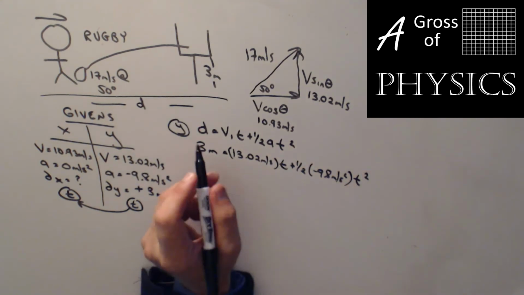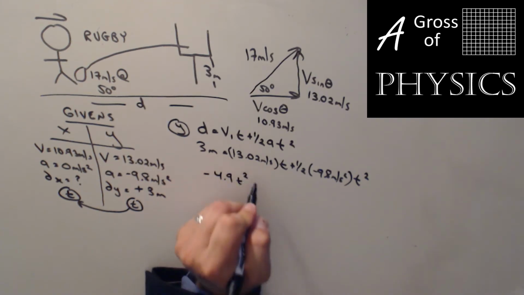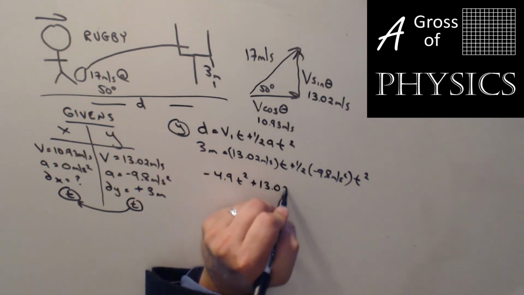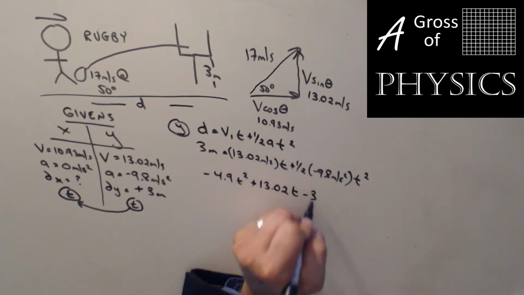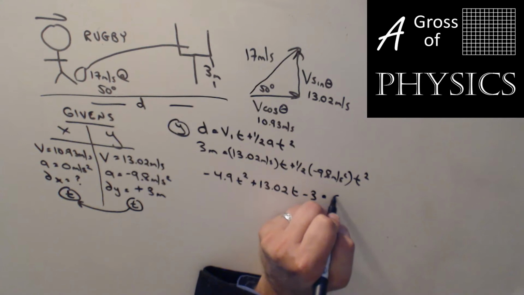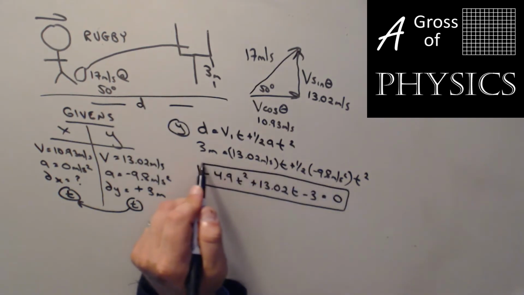And what we're going to do is simplify this. So it's going to be minus 4.9 t squared plus 13.02 t. And then we'll bring the 3 over. Minus 3 equals 0. Now at this point, we're going to need to use a quadratic solver.